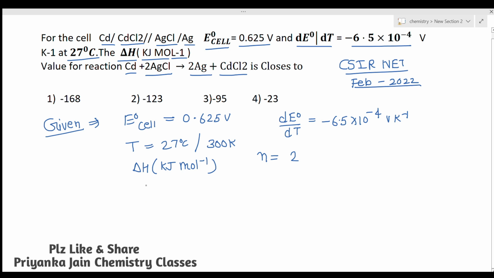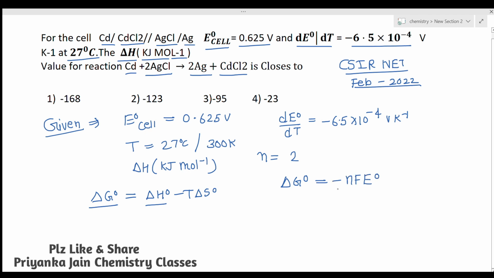So how to do this question? It is a pretty easy question. As you know, the formula is delta G naught equals delta H naught minus T delta S naught. From this you can find out the value of delta H naught. Firstly, delta G naught is given by minus nFE naught.